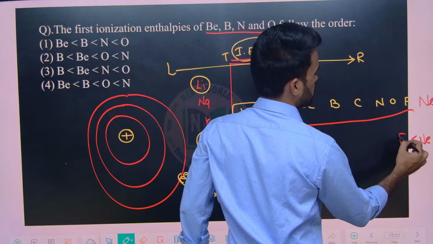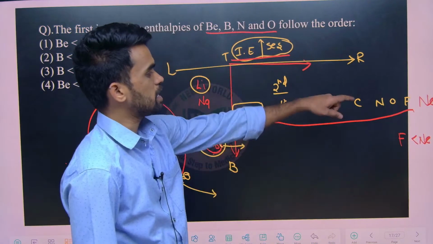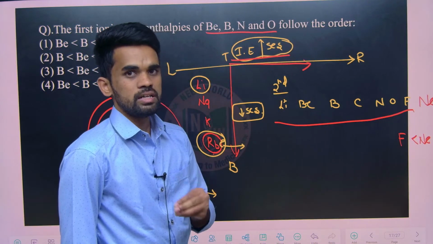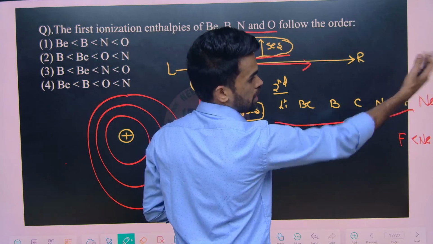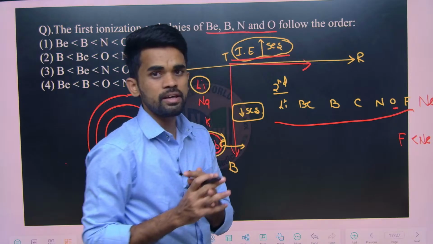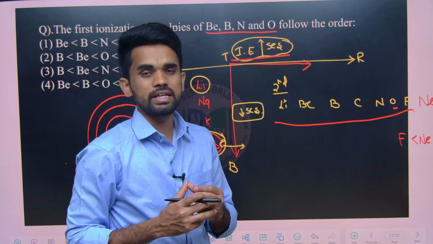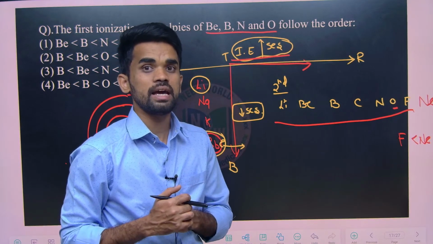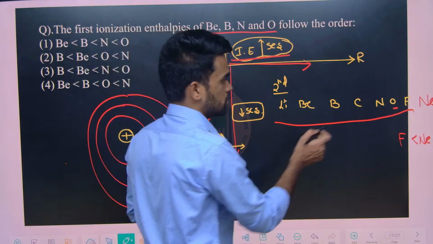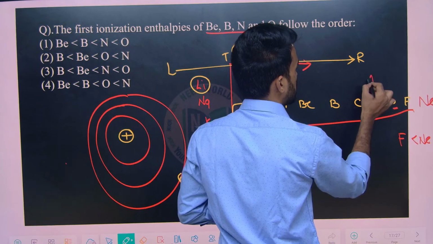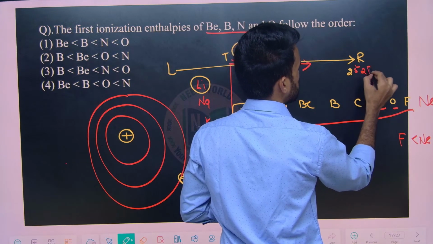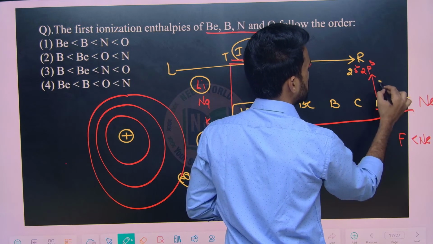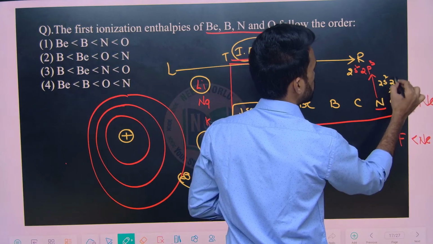The next is fluorine only. Now when it comes to oxygen and nitrogen, generally we consider oxygen to have the highest because it is at the right side. But not only non-metallic nature or electronegativity, we also need to consider their electronic configuration. What is the electronic configuration of nitrogen? It is 2s2 2p3, whereas for oxygen it is 2s2 2p4. From where can we remove an electron easily?